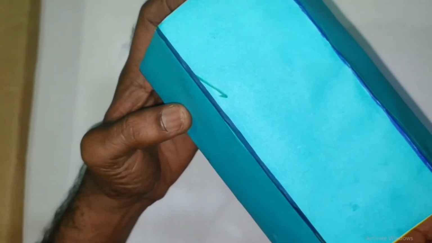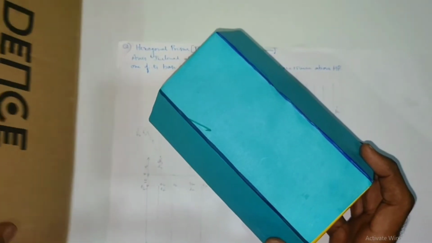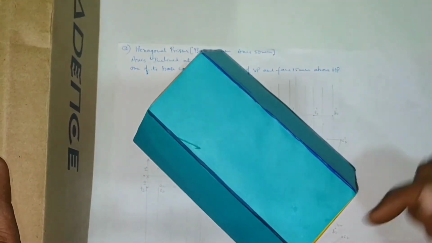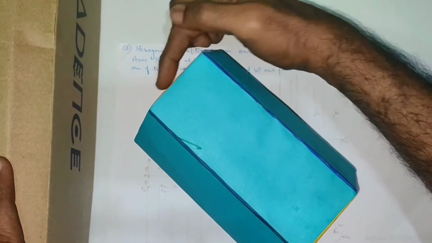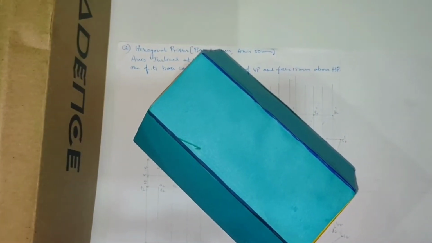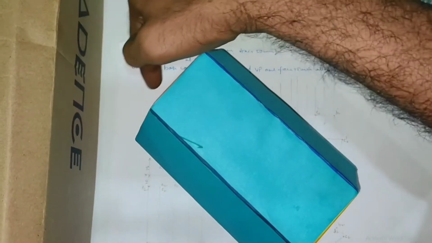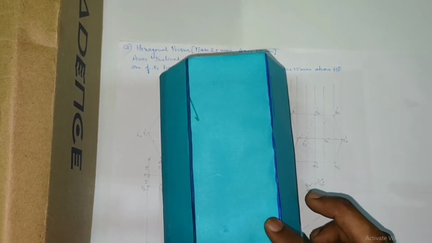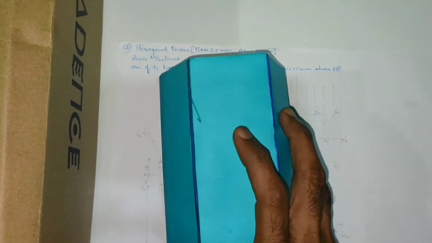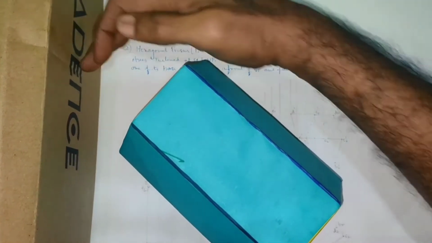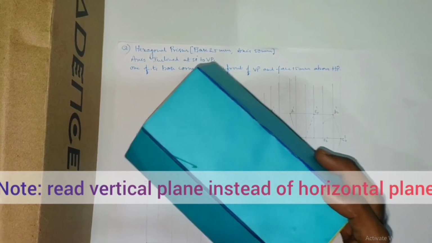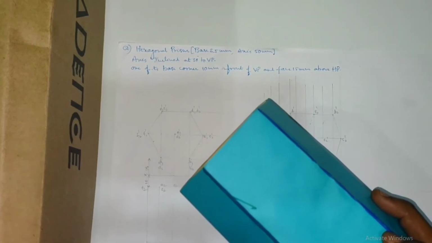Let us suppose this is the vertical plane; the axis passing through this hexagonal prism is going to make an angle of 30 degrees with respect to it. Initially the axis is not making any angle, and if you rotate like this, the axis is going to make an angle of 30 degrees.